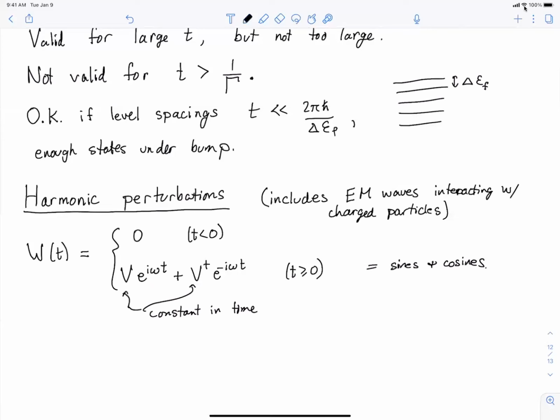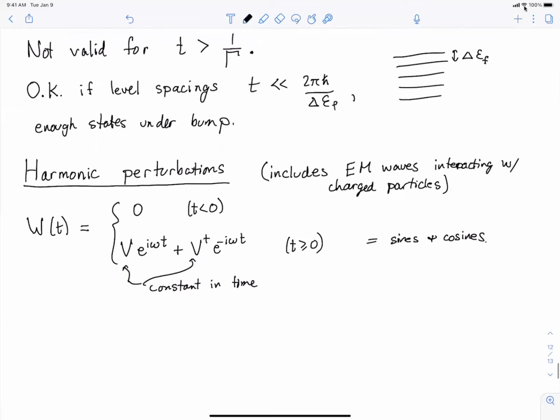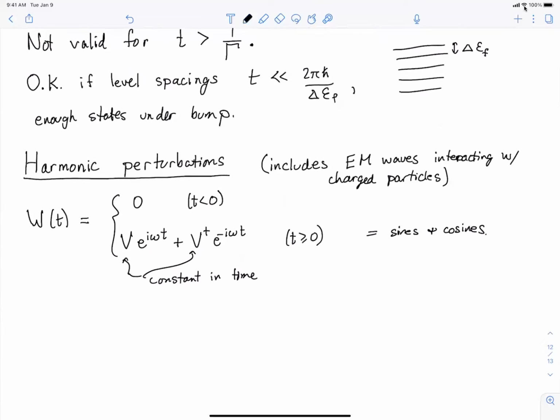So we're just saying that all the time dependence can be summarized in terms of an angular frequency omega. So we have to be careful. This angular frequency is sort of the driving frequency of the perturbation. It's different from the angular frequency we were talking about before, which was set by the initial and final states.